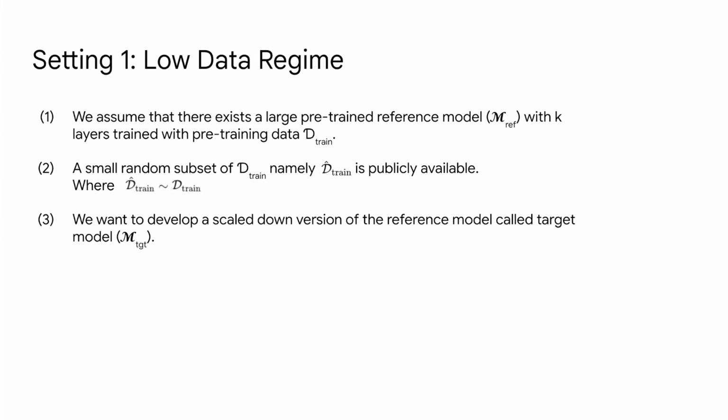But let's assume we have a super small subset, as small as 0.1%, which is 1,000 times smaller. So we want to develop a scaled down version of a super large reference model, to a target size model. Can we do it?